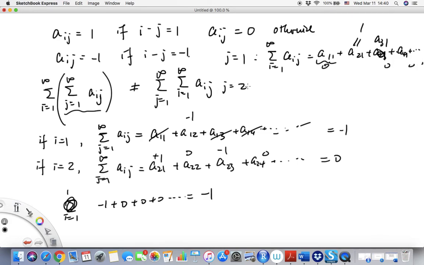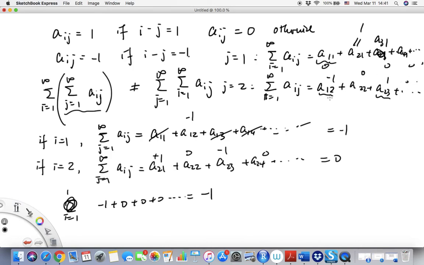And if j is equal to 2, then the sum of a_ij over i from 1 to infinity is a12 plus a22 plus a32 and so on. And this is equal to minus 1, this is equal to 1, and the rest are 0.